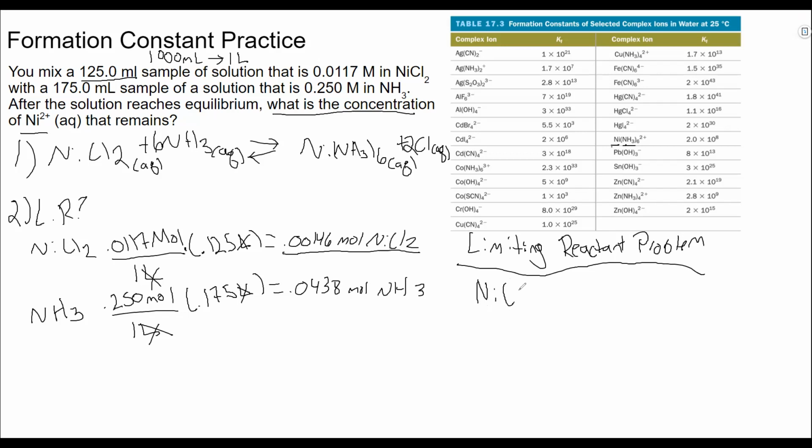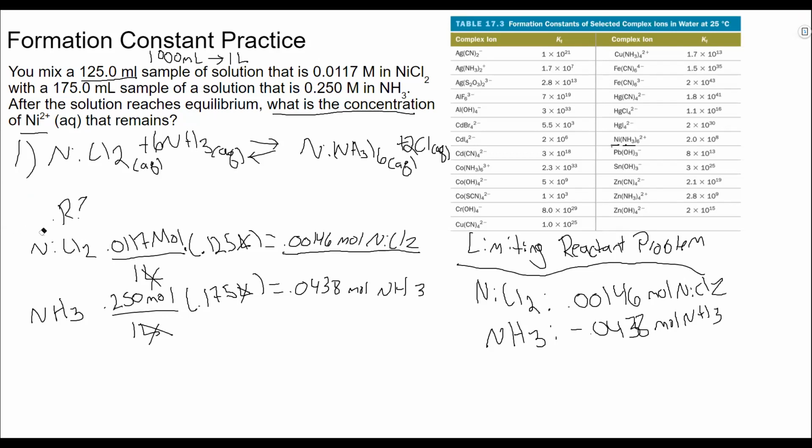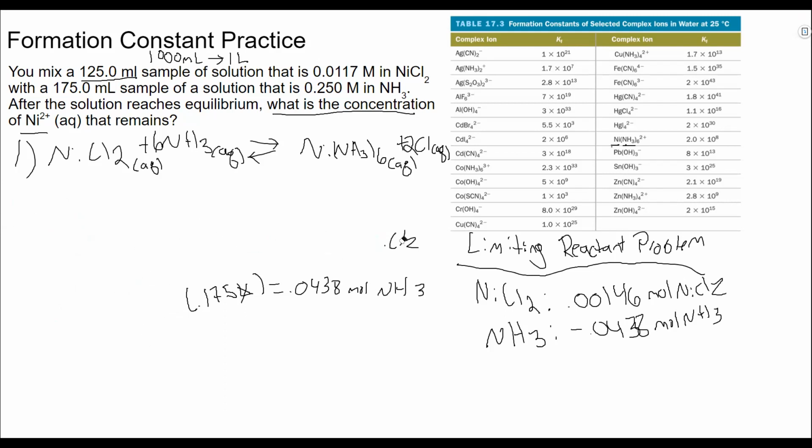So NiCl2, I have 0.00146 moles. And for NH3, I have 0.0438 moles of NH3. All right, so let me do some erasing here because now we are actually going to solve for how much nickel we have left over in our problem.